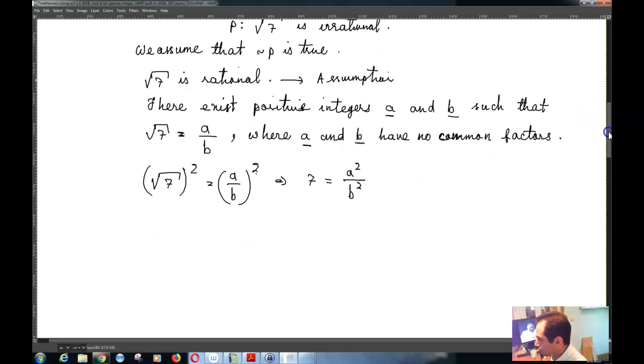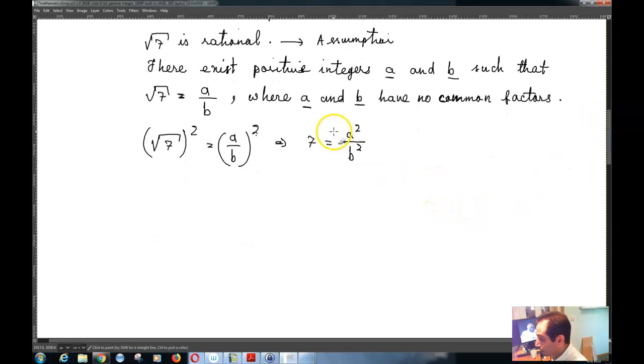And that in turn means that a squared is equal to 7 times b squared. So what that means is that a is a multiple of 7, or you can say 7 divides a.